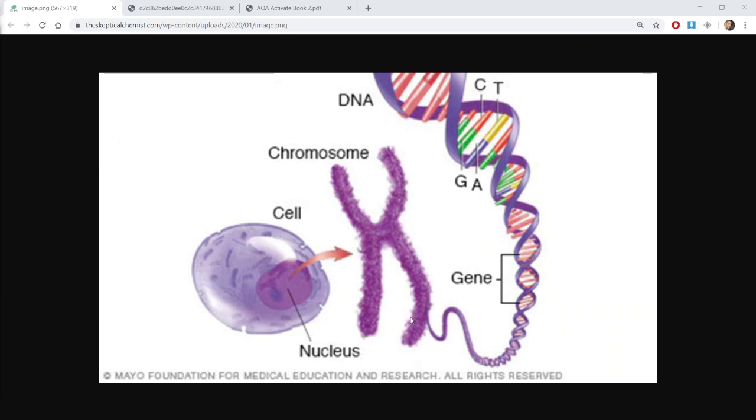Human beings have got 23 pairs. This is a pair of chromosomes. That there is one, and that there is another one. So you've got 46 in total, or 23 pairs. We will talk about things like genetic diseases, inherited diseases, diseases that occur when this doesn't work quite properly.